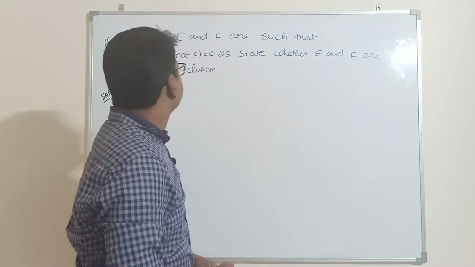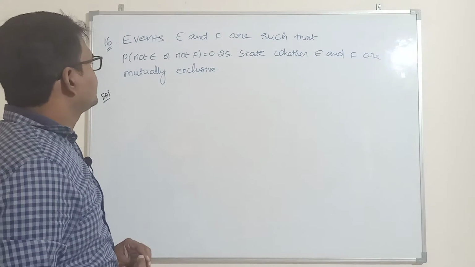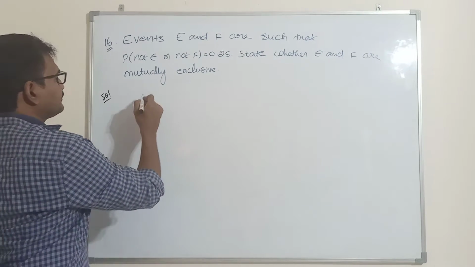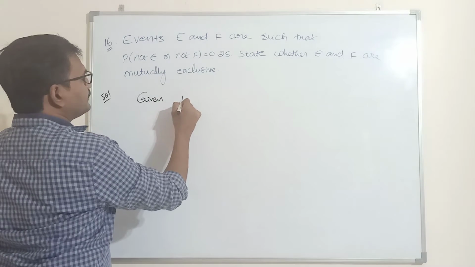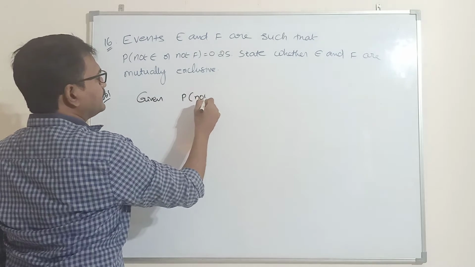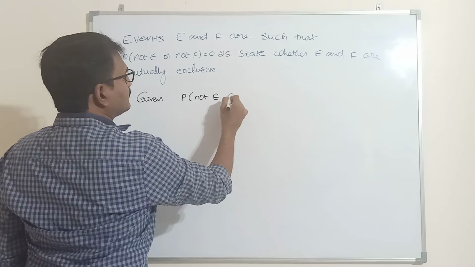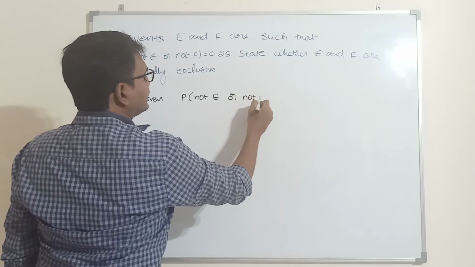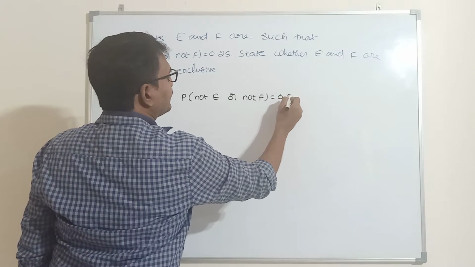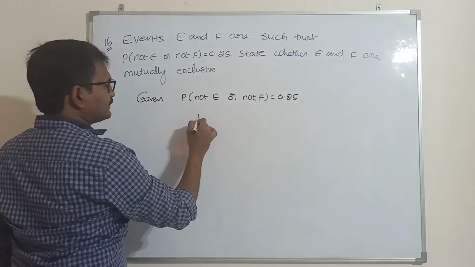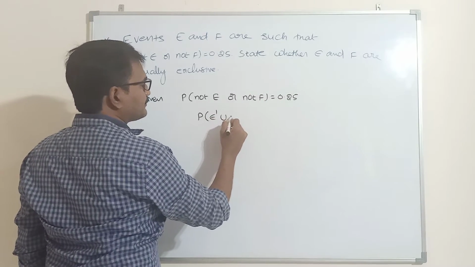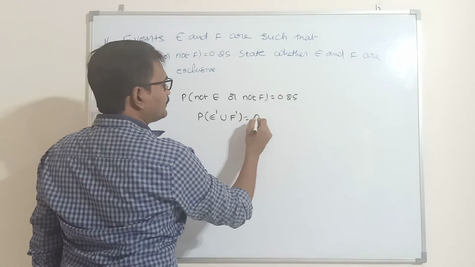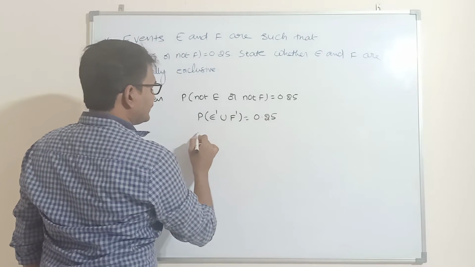Next question. Events E and F are such that P of not E or not F is equal to 0.25. Given P of not E or not F is equal to 0.25. Not E means E complement, or means union, not F means F complement, is equal to 0.25.